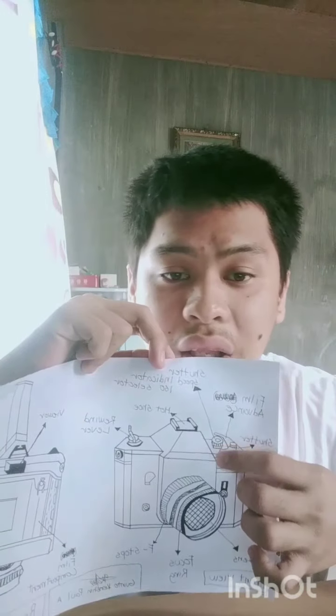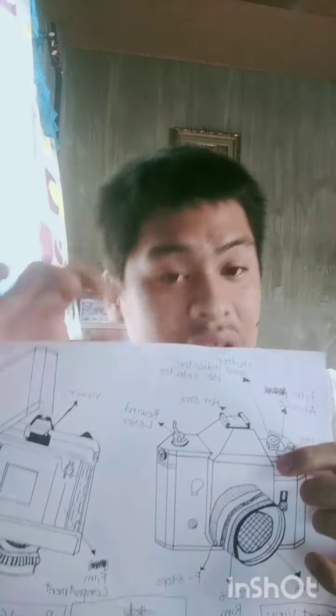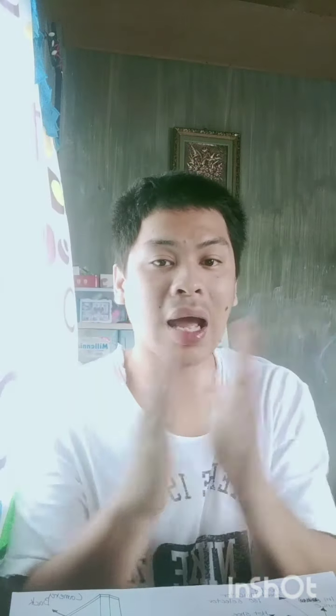So, ano yung trabaho ni shutter speed indicator? So, siya yung nag-a-adjust nung pagsara nung camera sa loob, yung nag-shutter. Once you take the picture, sa loob may parang nagko-close yan, yung parang door na parang ganun. So, ito yung nag-i-indicate nung parang pintuan na yun, no?